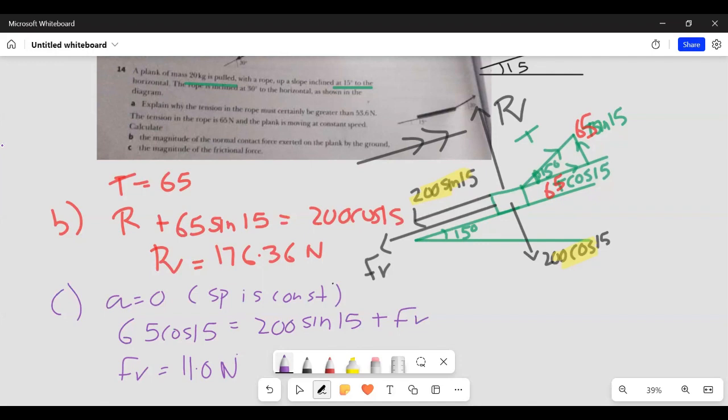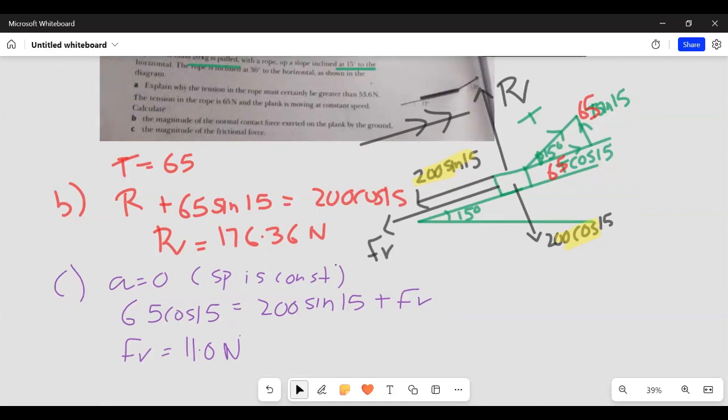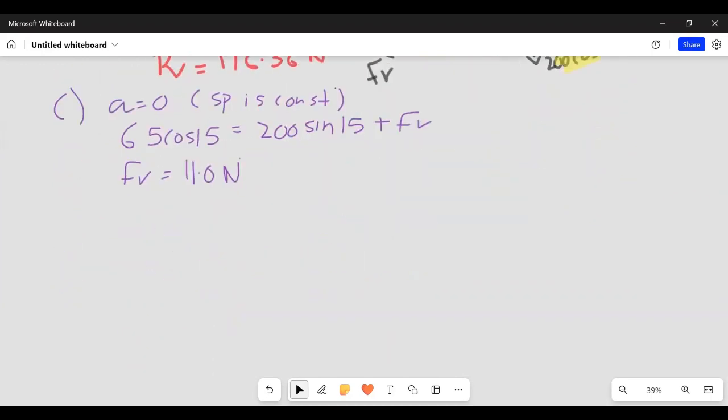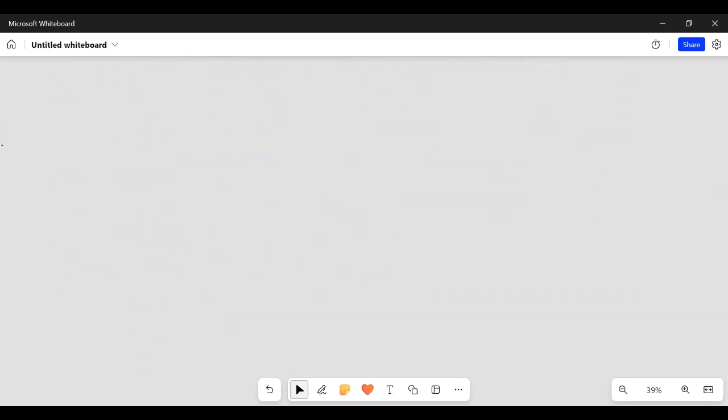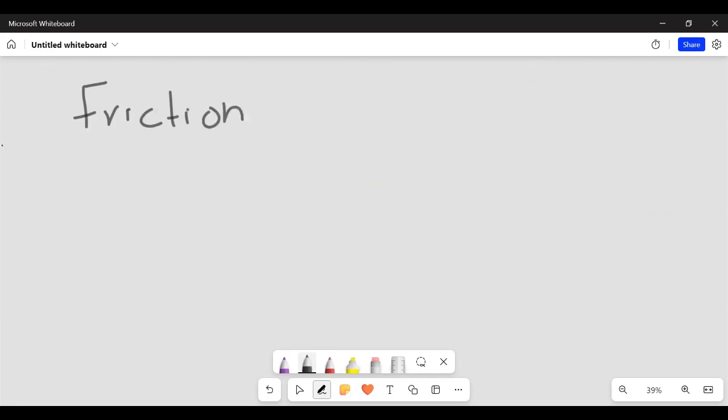Here we're going to talk about friction in greater detail. Friction. So what do we know about friction so far?